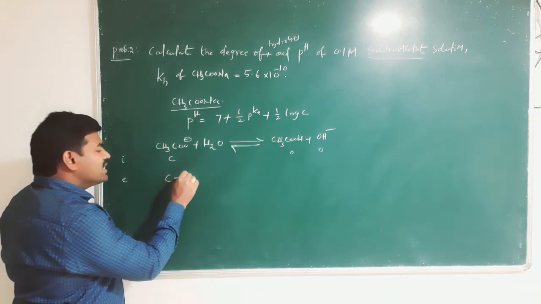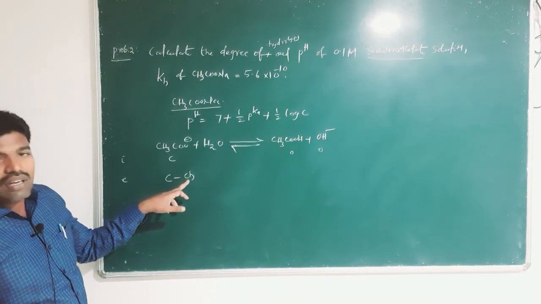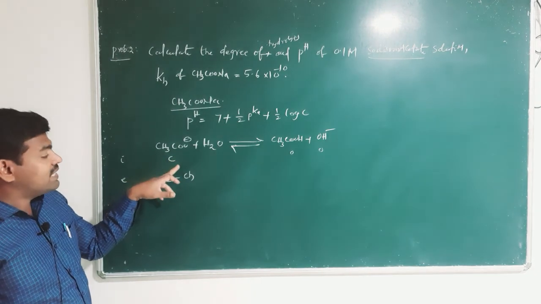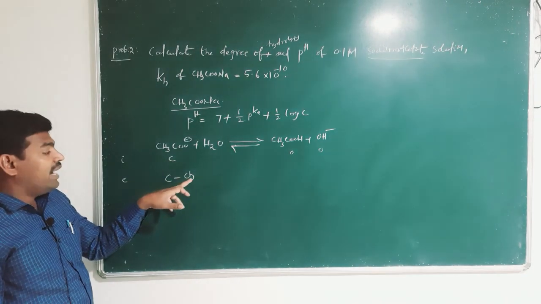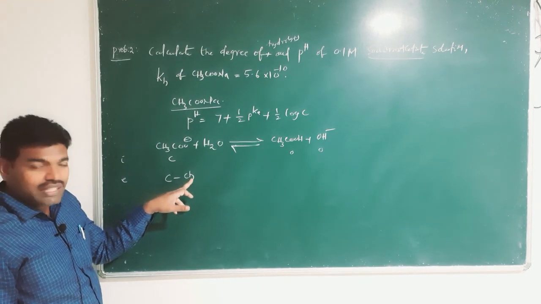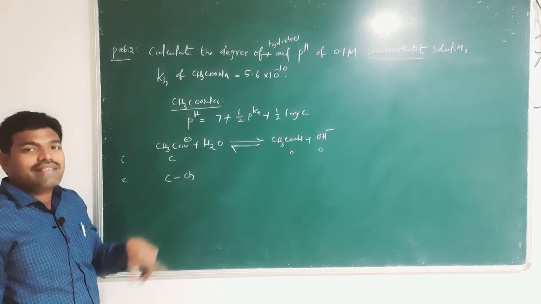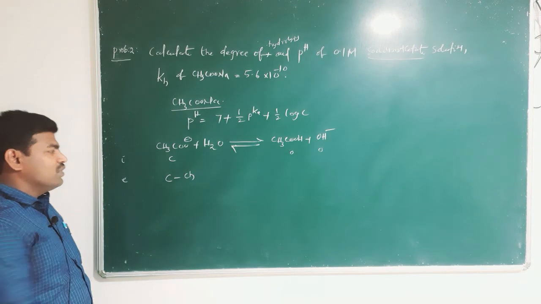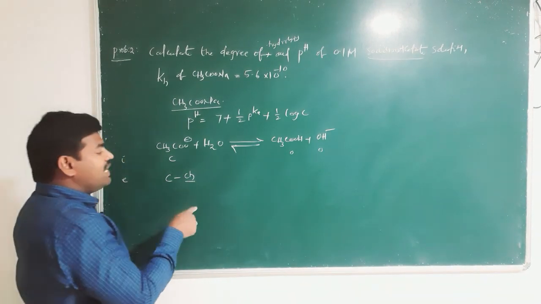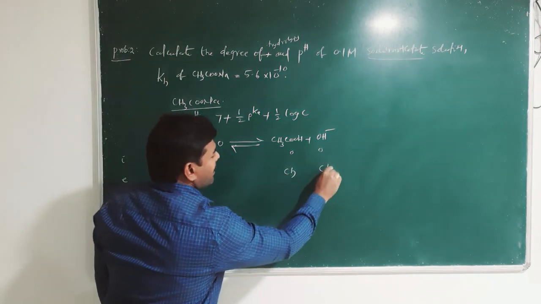The total concentration is C, and Ch is the amount of concentration that has undergone hydrolysis. So this much amount decreased from the initial concentration, and that much concentration is formed for acetic acid and OH minus ions.